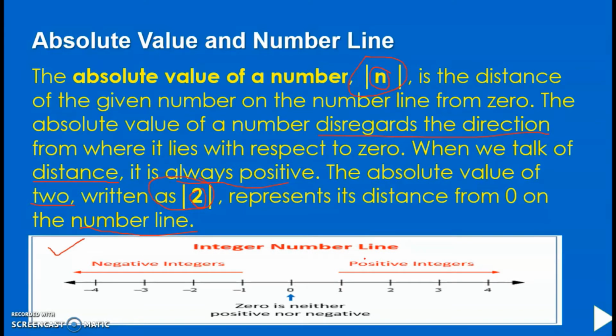Let's take a note on this, guys, that the number line has numbers to the right of 0, such as 1, 2, 3, 4, and to its left are the following: -1, -2, -3, -4.